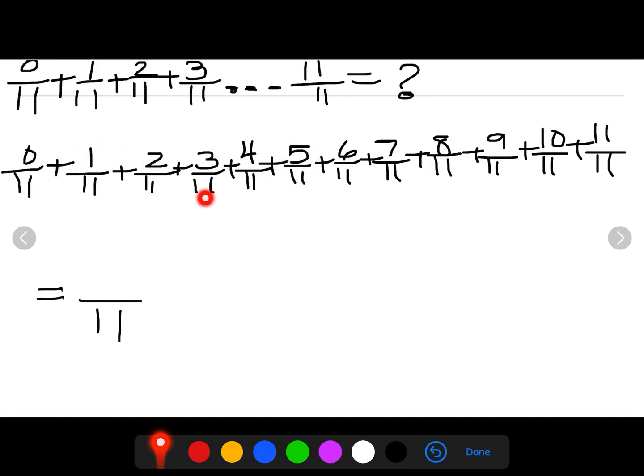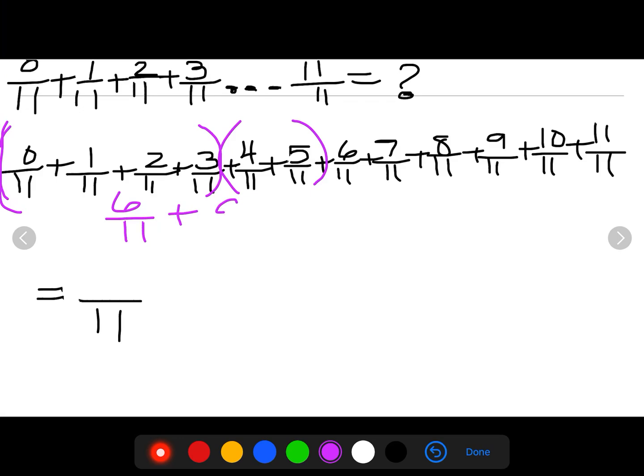If it makes it easier, you can even chunk these fractions in order to make them smaller, and to make sure that you're not adding multiple times if you don't have to. So for example, I can chunk 0/11 to 3/11, and that would give me 6/11.